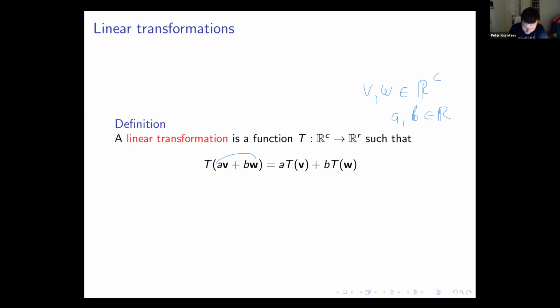In other words, a transformation is linear if it maps a linear combination of vectors into the linear combination of images of those vectors.